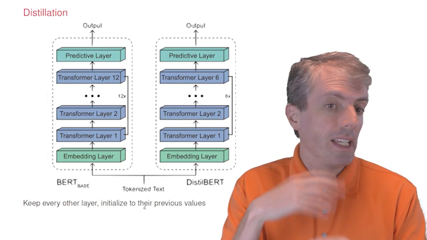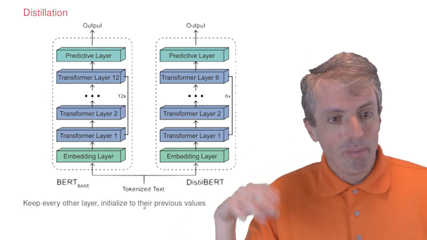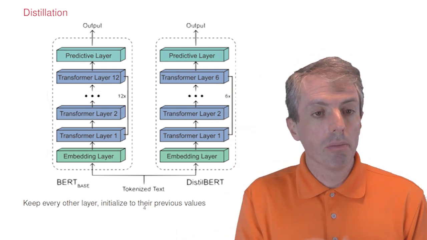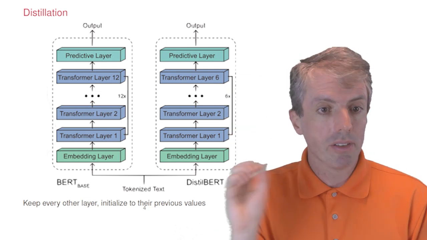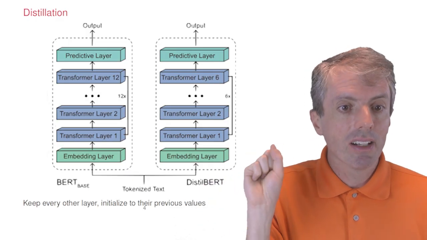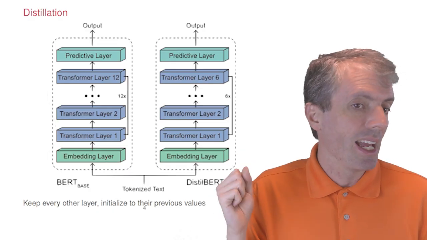Rather than just taking the final outputs, you can try to match pairs of layers. So throw out every other layer, make it so that when you merge layers 3 and 4 from the original model into your smaller model with half as many layers, your new combined layer is doing the work of both layers 3 and 4.